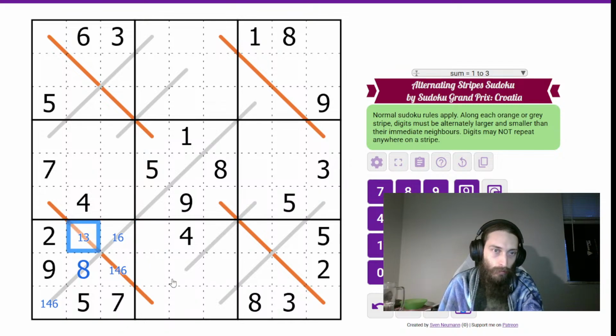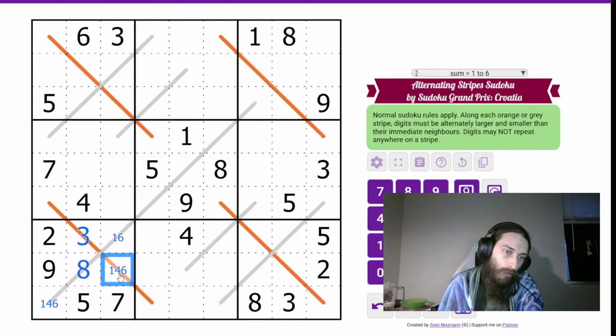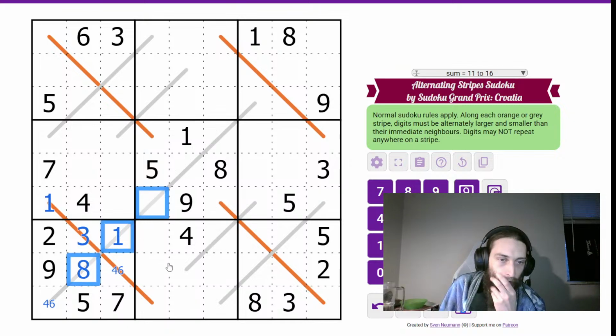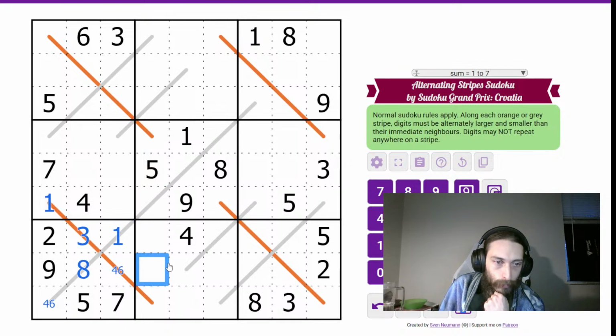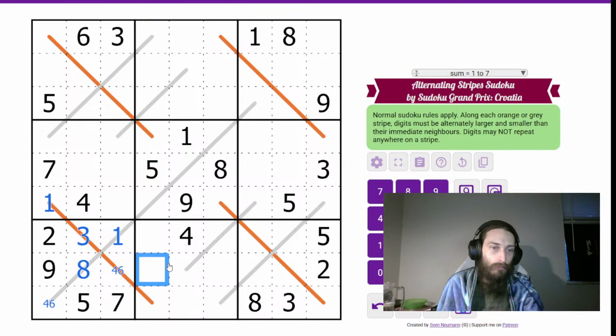Then this must be the only place a 3 can go. And then a 1's not going to work in between. So then this must be 1. But now this 1 doesn't work according to how we had placed it.